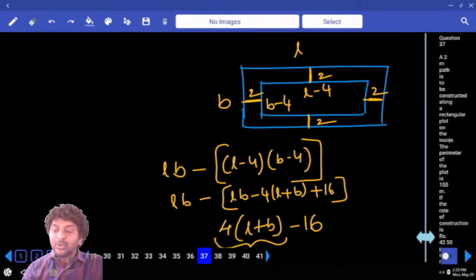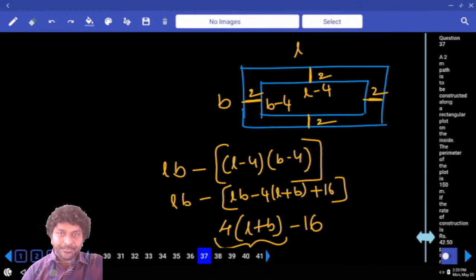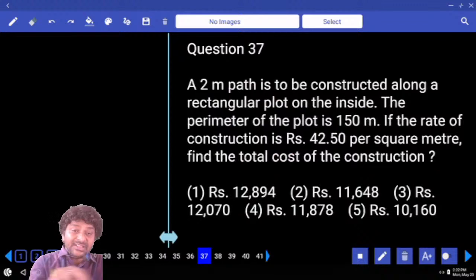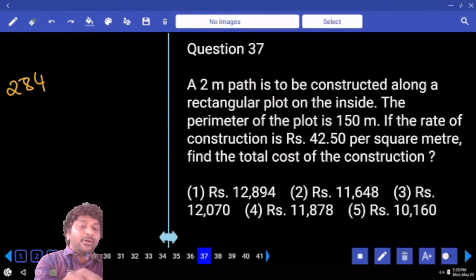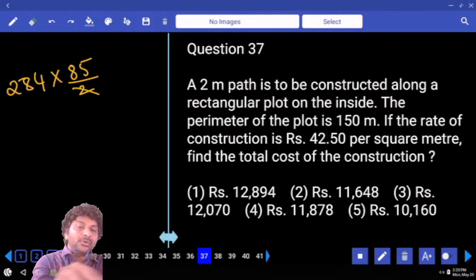As you know, 2 times L plus B is equal to 150, so 4 times L plus B is 300. 300 minus 16 is 284, into 42.5. I will write it as 85 by 2. Is that okay?